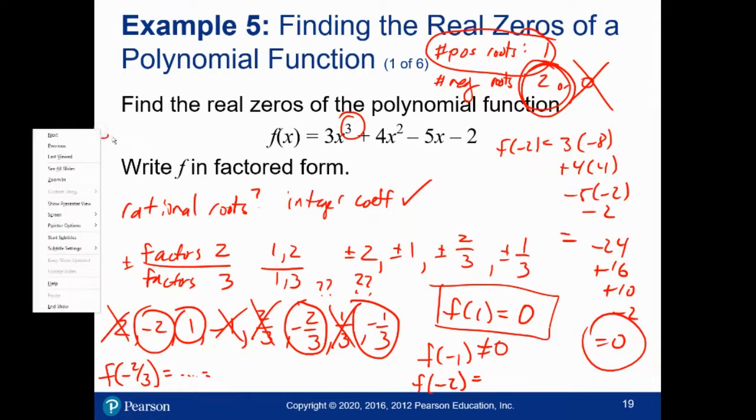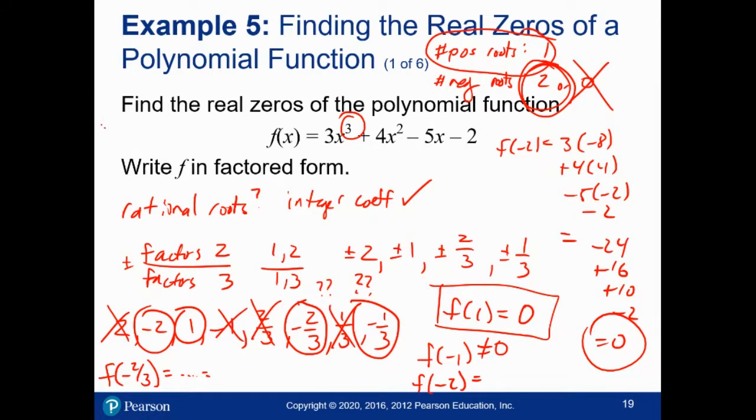So f of negative 2/3 is going to be 3 times negative 8 over 27 plus 4 times 4 over 9 minus 5 times negative 2/3 minus 2.